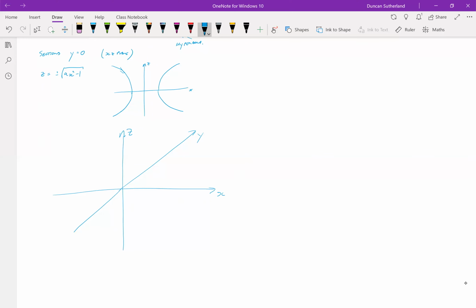In the XZ plane, we've got a hyperbola like this. I'll draw that in yellow. We know that this point's going to be, I'll draw this one in black, that's 1 on root a, and the corresponding minus 1 as well. Whoops, that's pretty bad.